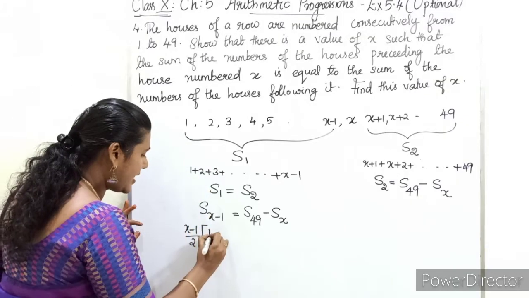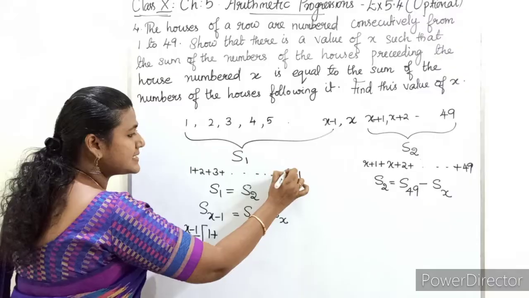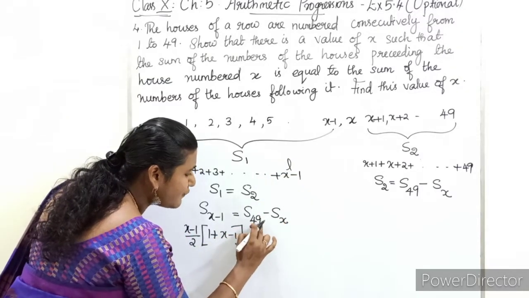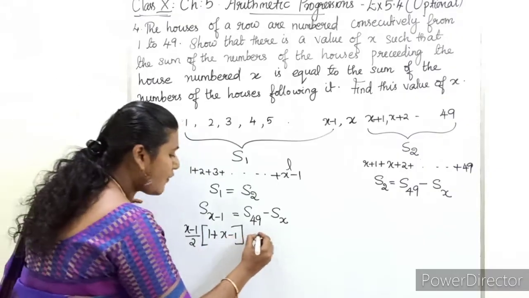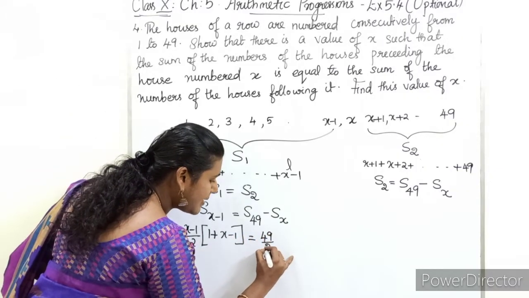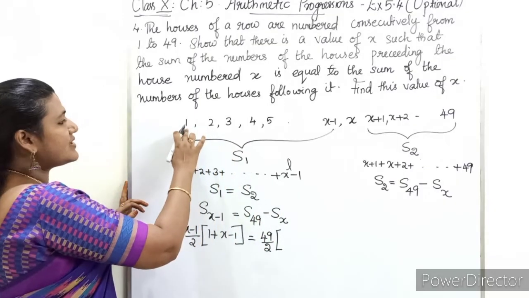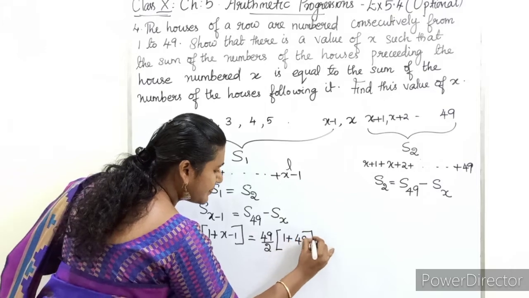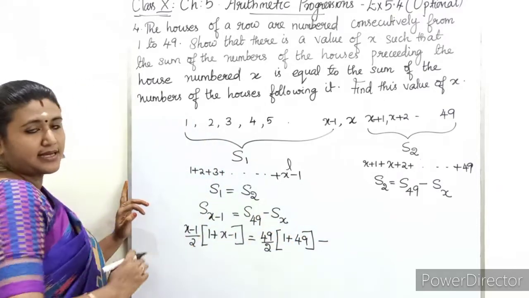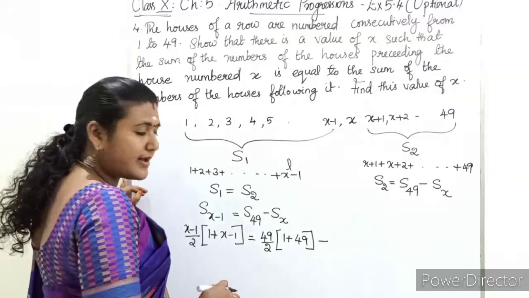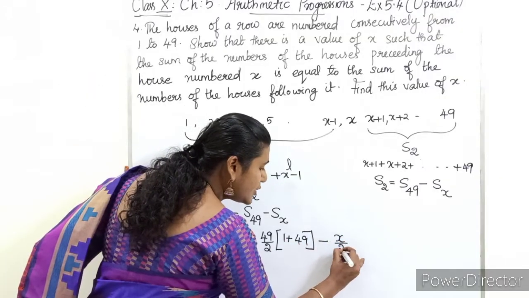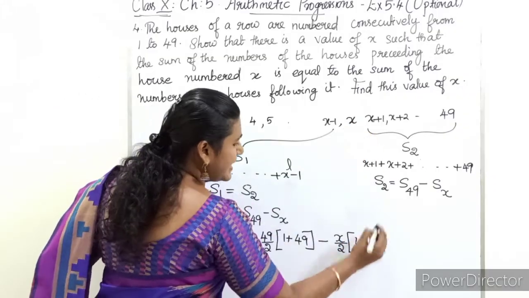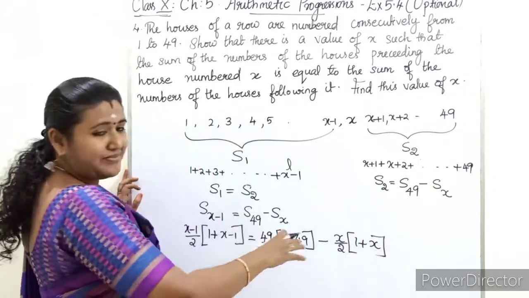The first term a is 1, and l is the last term, x minus 1. This is equal to S49: 49 by 2 into (1 plus 49), minus Sx. Sx means x terms, so x by 2 into (1 plus x). Now we will simplify this.